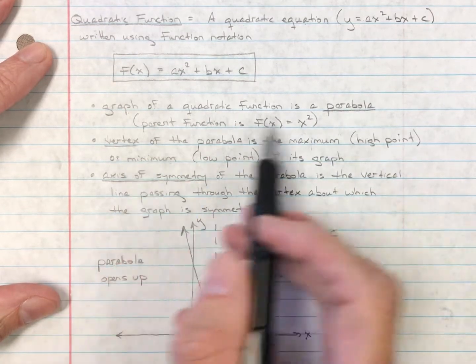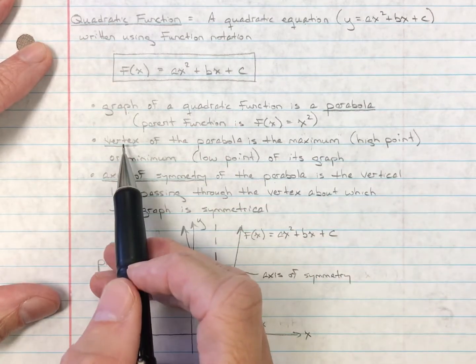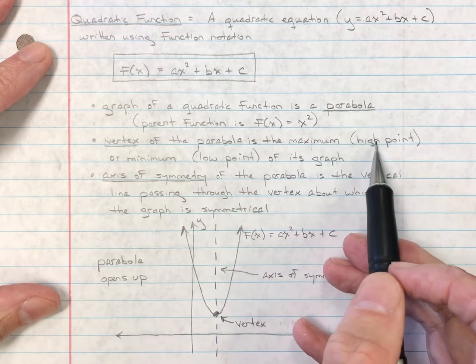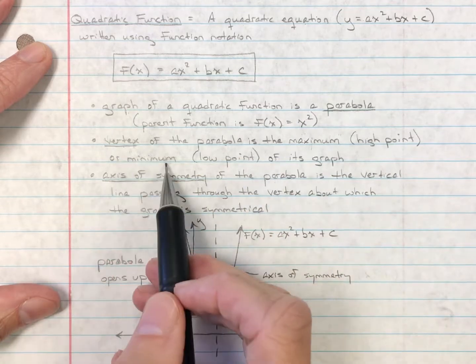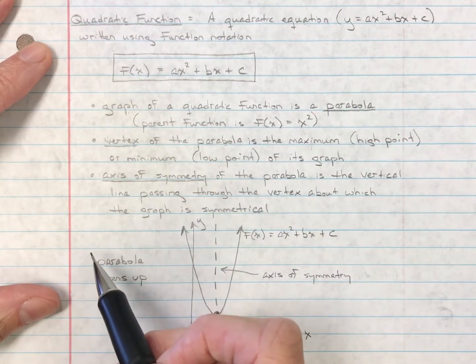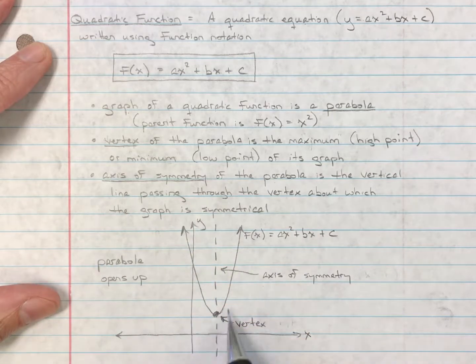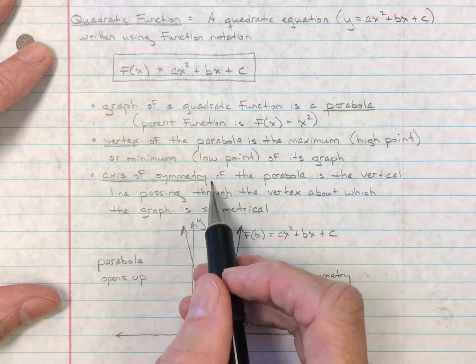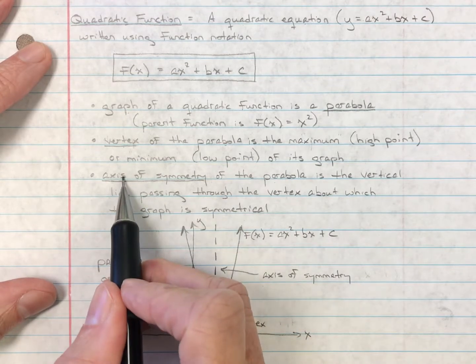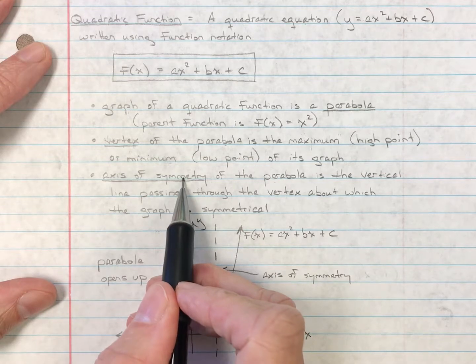Okay, a parabola has a vertex. The vertex of the parabola is the maximum, which would be called a high point, or the minimum, which would be called a low point of its graph. Here's a parabola. This parabola opens up, and so the vertex in this case is a minimum. Because it opens up, the vertex is a low point. And a parabola has what's called an axis of symmetry.